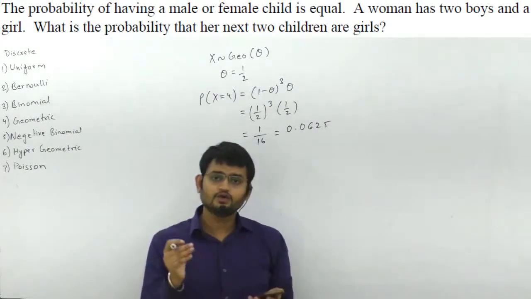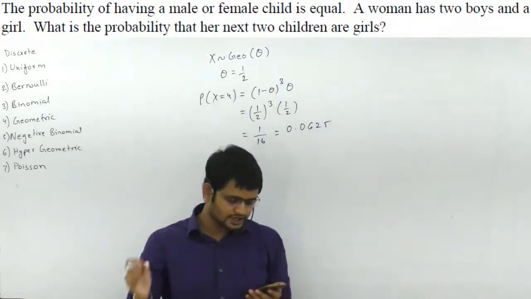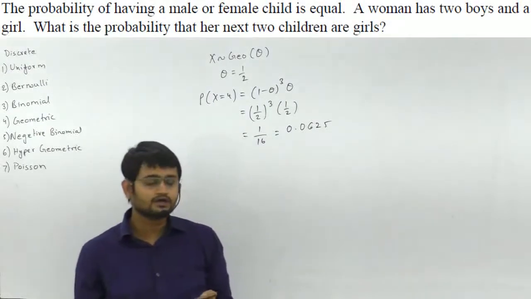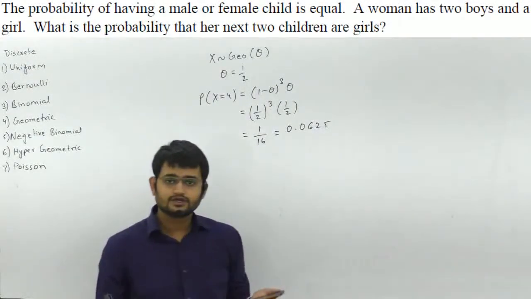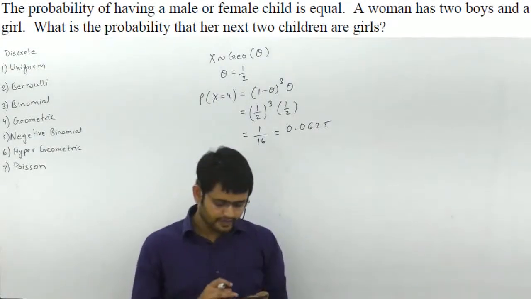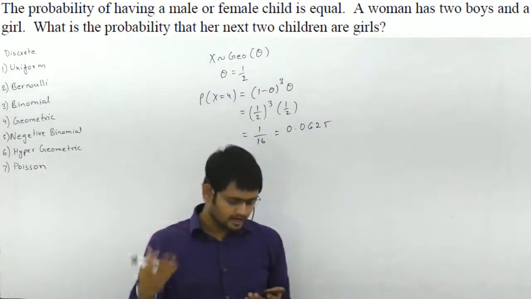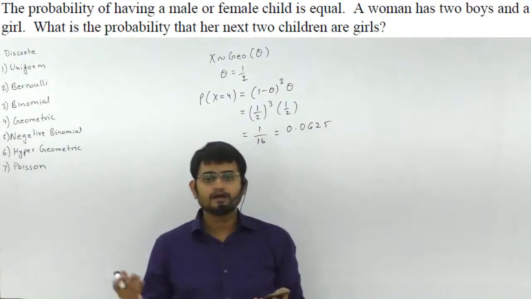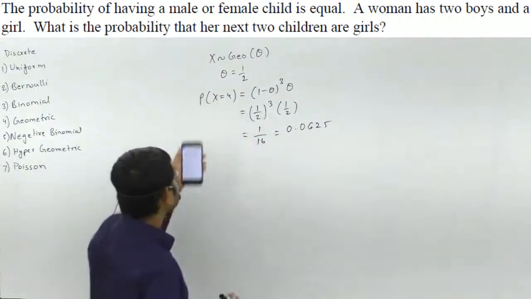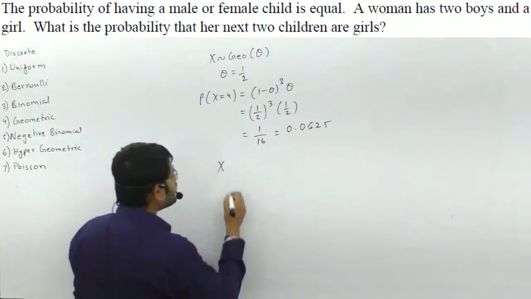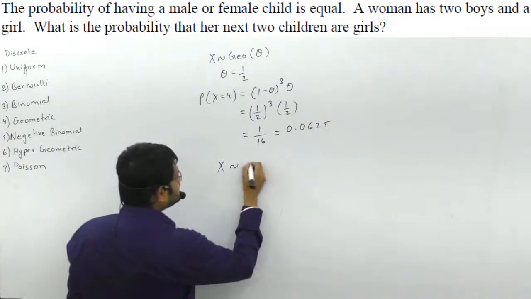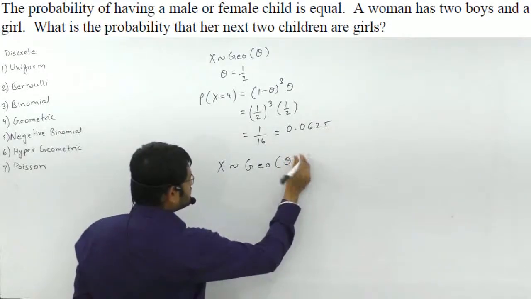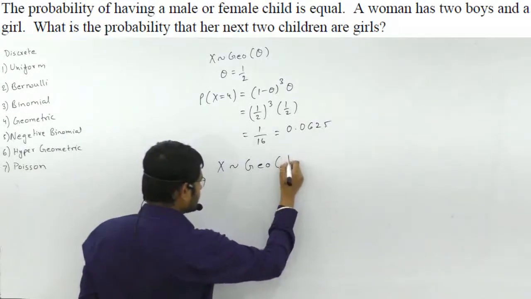We know that her 3 children, 2 boys and a girl, are fixed. We don't need to find the probability for that, so that has already occurred. Now what is the probability that her next 2 children are girls? Again, if we consider that having a boy is our success, then X is following a geometric distribution with parameter half.